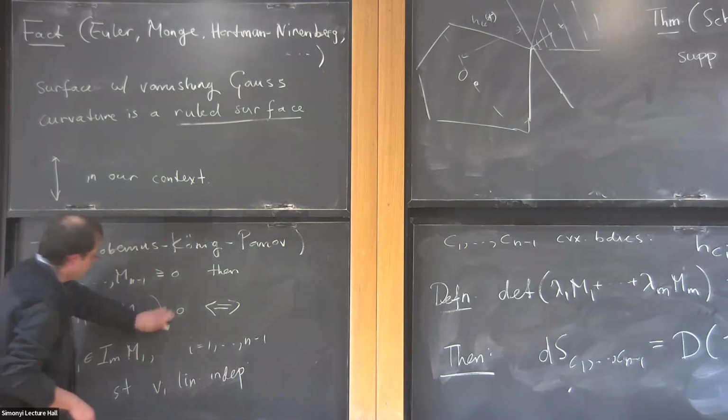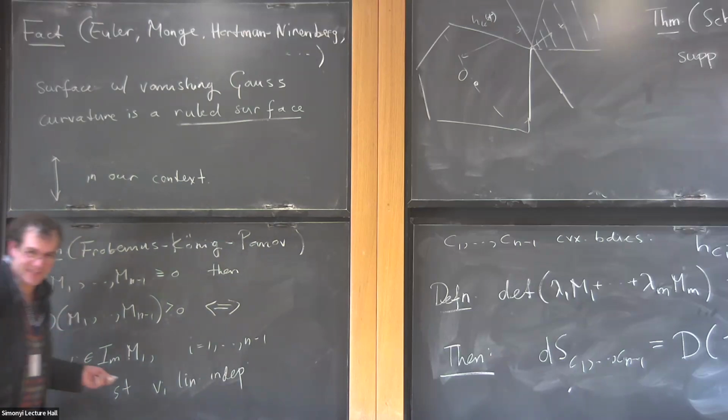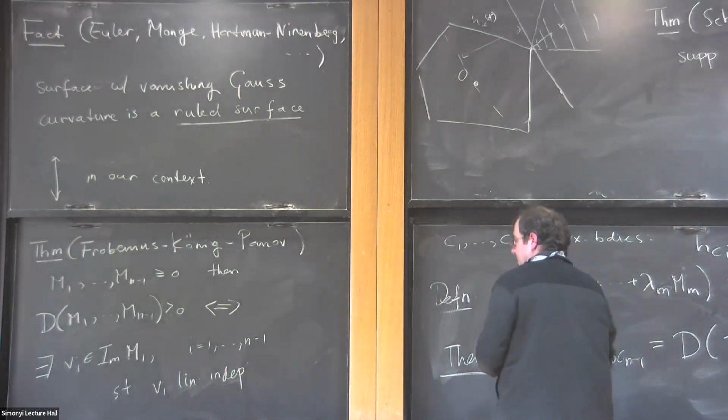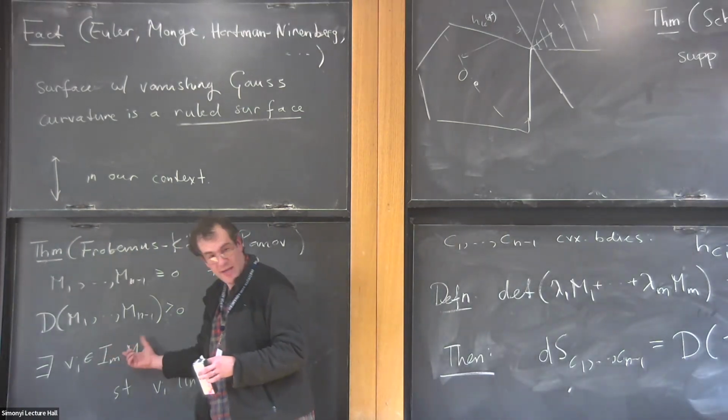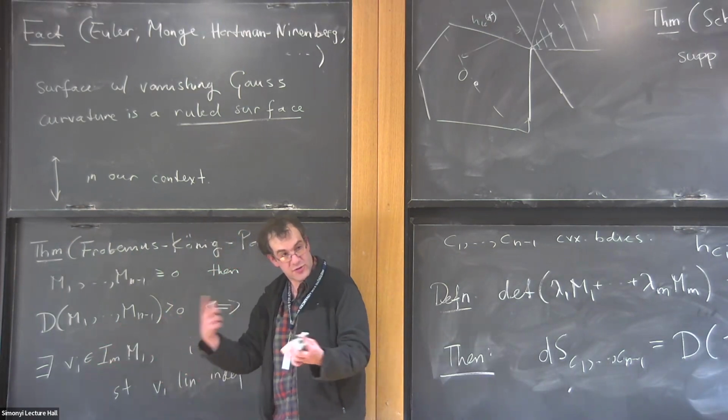So there exist n minus 1 linearly independent vectors in the image of the matrix, which means the matrix is non-singular, right? So that's if and only if. Good. We've sanity checked this. But if I have different matrices, the images can be different, and I have to find one vector in each of the images such that these vectors are linearly independent.